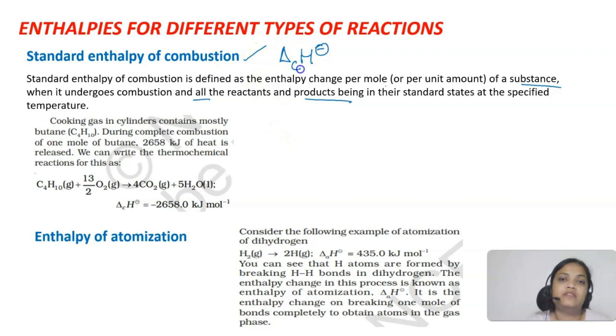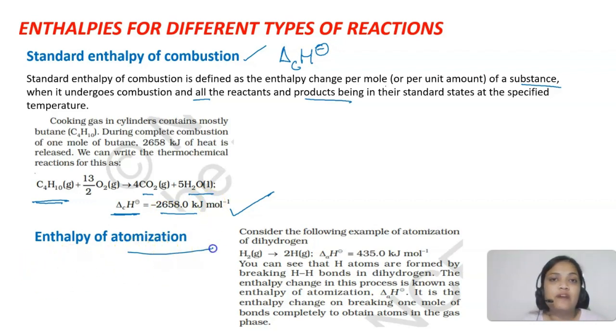C will be written for combustion. So here butane gas is burning to form carbon dioxide and water. So this is the balanced equation, and the delta H is given here, means this is the enthalpy of combustion, means this much energy would be released when butane will burn.